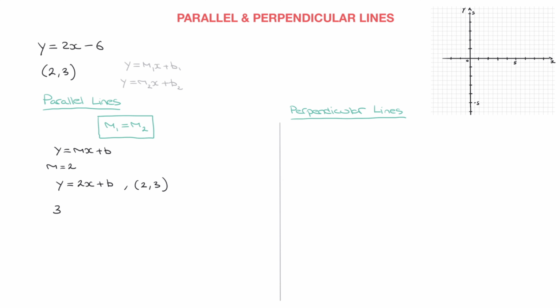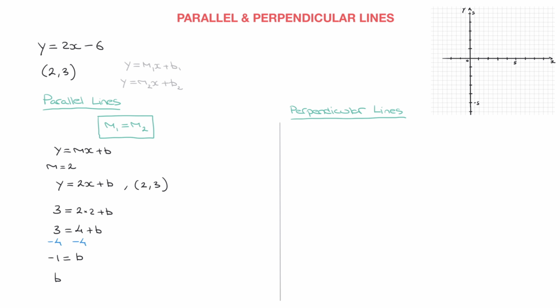We'd have 3 equals 2 times 2 plus b. That quickly becomes 3 equals 4 plus b. And subtracting 4 from both sides of that equation, we quickly obtain 3 minus 4, which is negative 1, which equals 4 minus 4, which is 0, plus b. So negative 1 equals b.